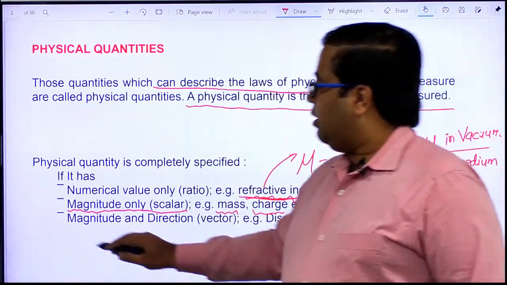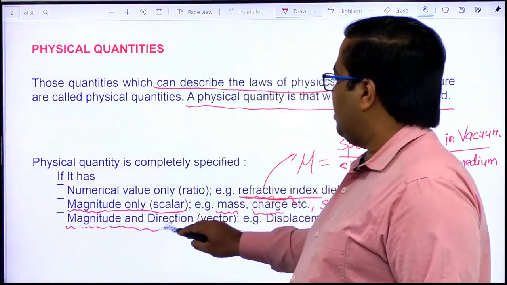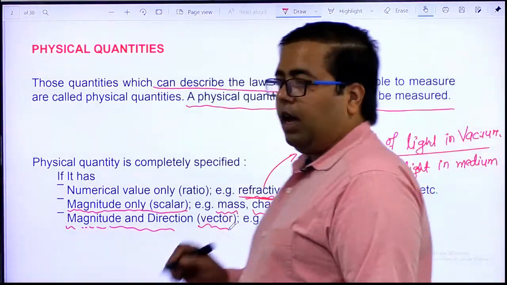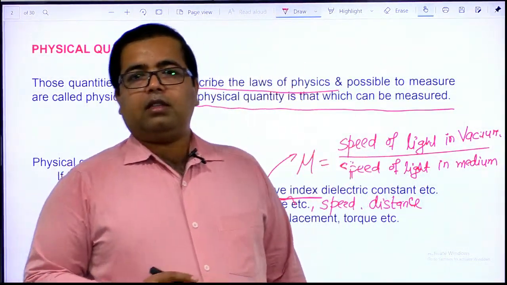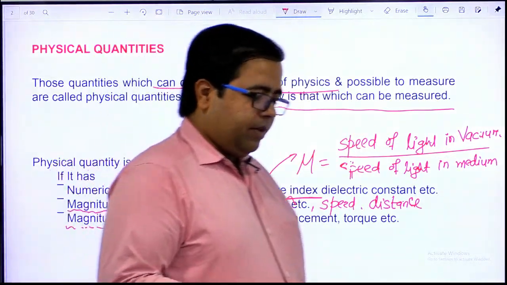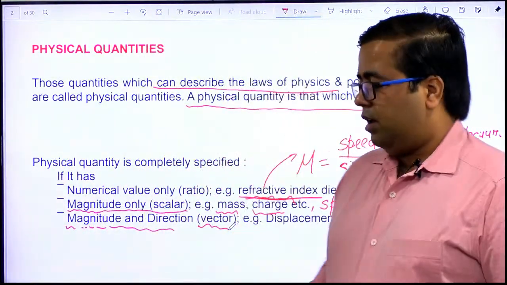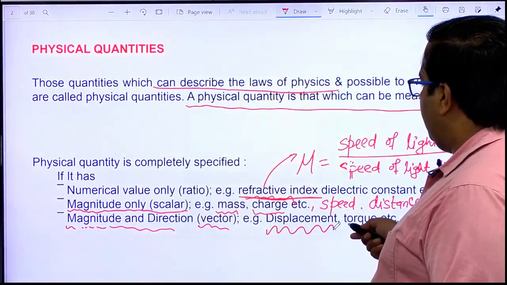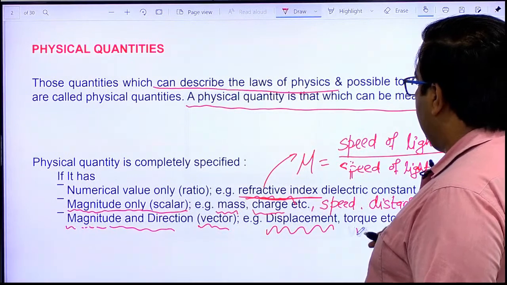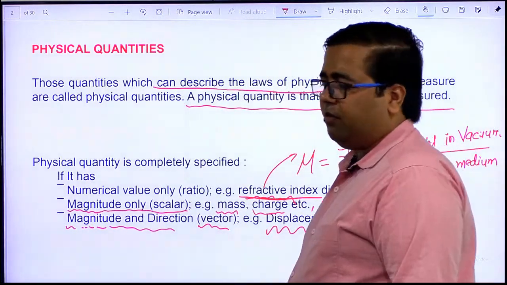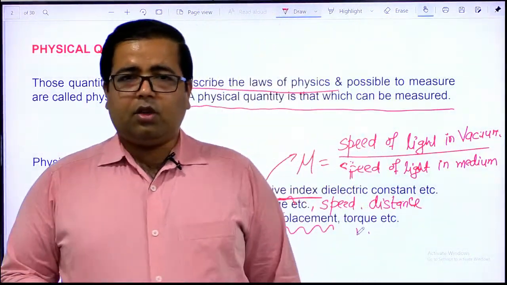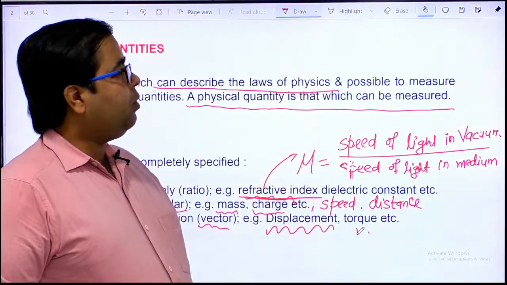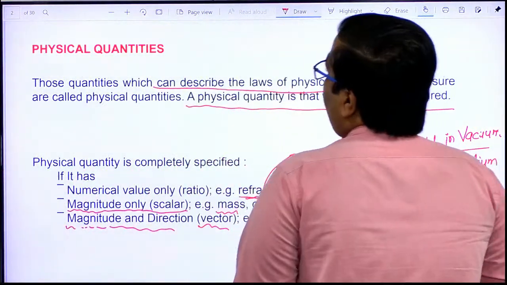The last one is the physical quantity known as a vector. Vectors have magnitude as well as direction. In the last chapter we studied vectors, and examples are displacement, torque, velocity, acceleration, force, momentum. These are all vectors. So this is all about physical quantity.